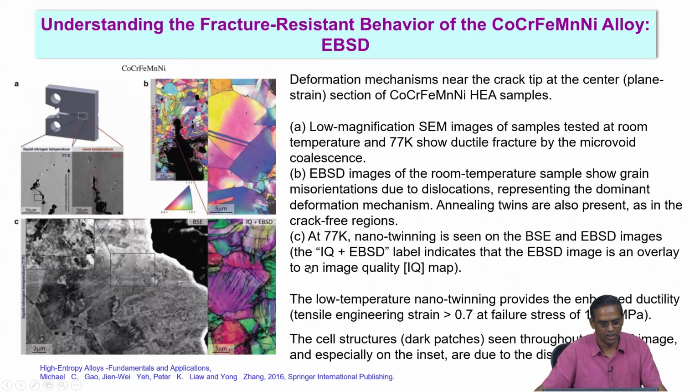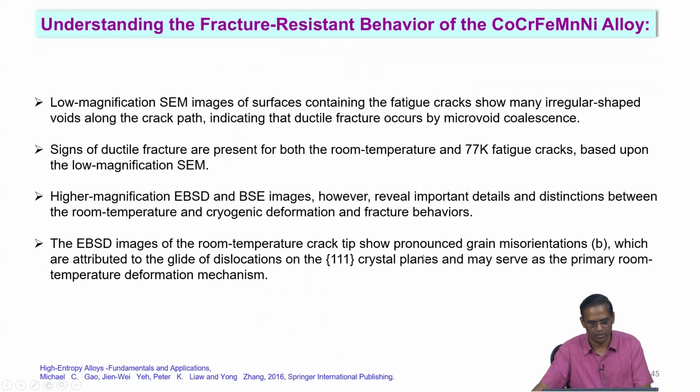So you will be able to see what kind of dislocation activity happens, or where the deformation occurs, and so on. Most of the regions zoomed here are close to 111 type misorientation.